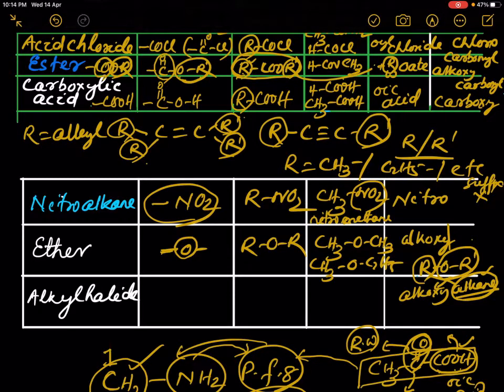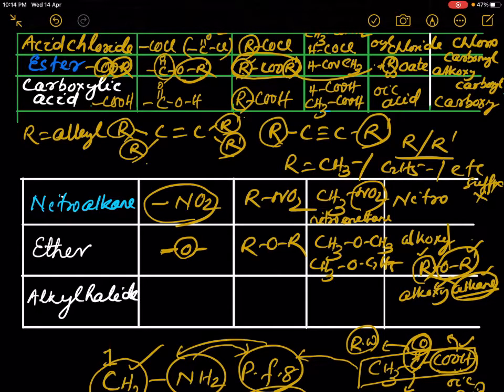Or in some cases you will find both R and RO dash have the same number of carbon atoms. For example, CH3OCH3, this is methoxymethane. For CH3OC2H5, this is methoxyethane. You see, in methoxyethane, methoxy has one carbon, but ethane has two carbon atoms.